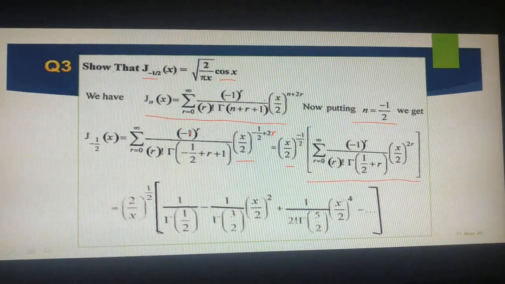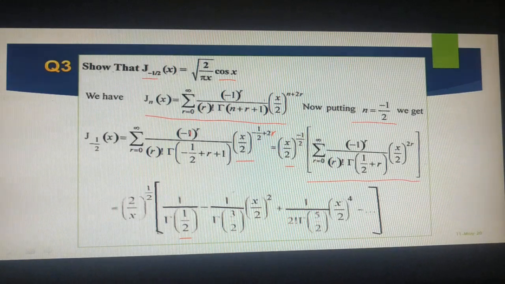So this I am going to expand, r is equal to 0. What is going to happen? For r equal to 0 we get 1 by gamma of 1 by 2. For r equal to 1, minus 1 whole to the power of 1 gives minus here, 1 by gamma 3 by 2. So it is clearly your previous sin x results.